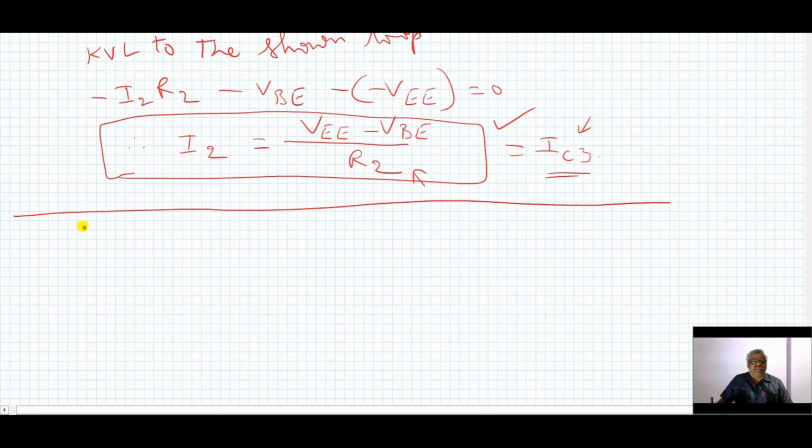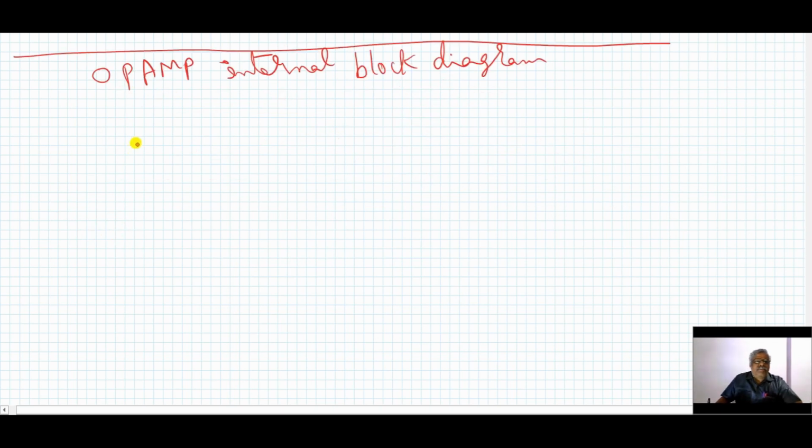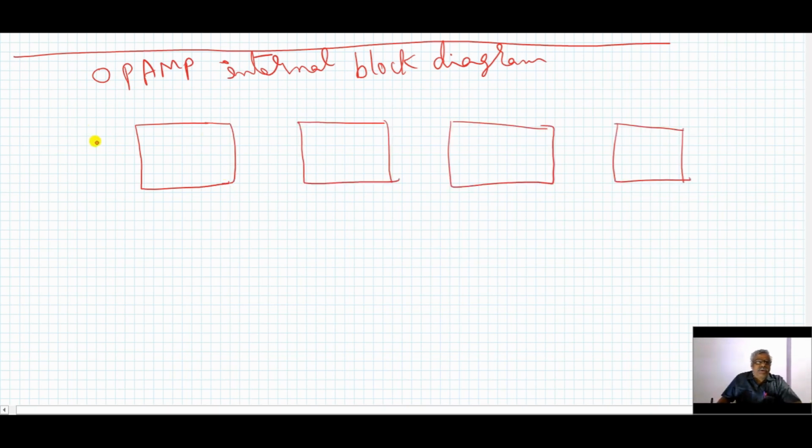The last topic of this video is the operational amplifier internal block diagram. Generally, an operational amplifier consists of 4 blocks. The first block consists of 2 input terminals and 2 output terminals, which is a differential amplifier.